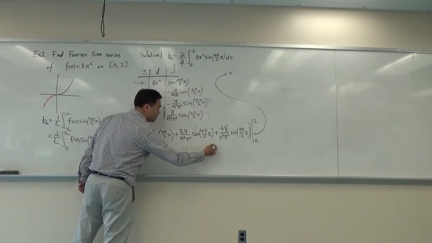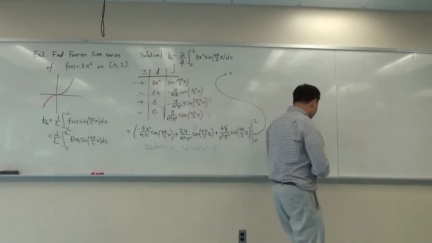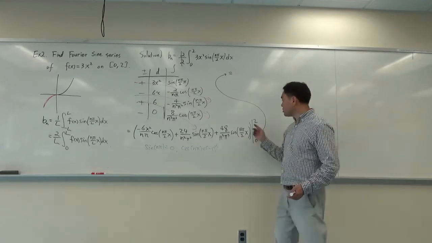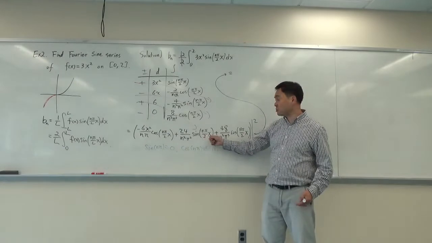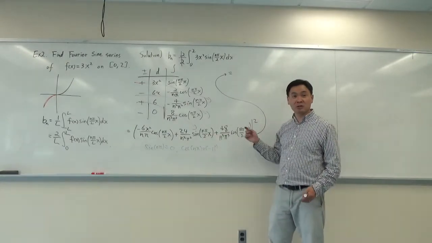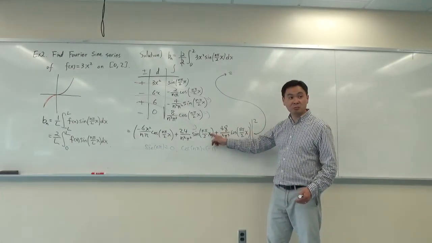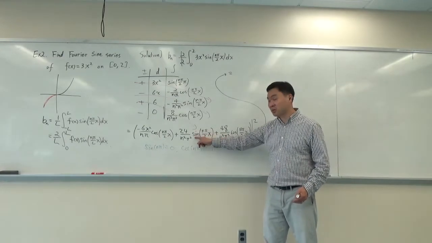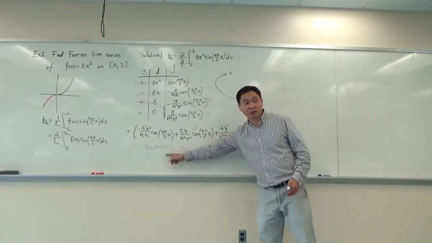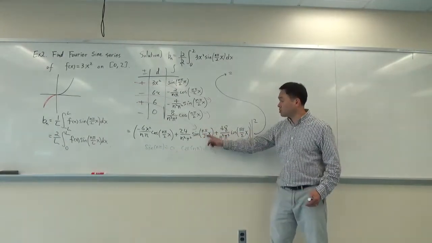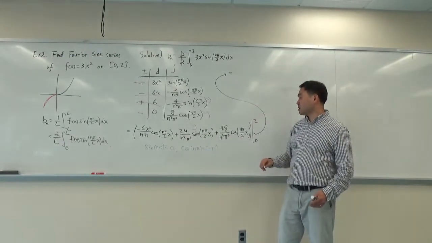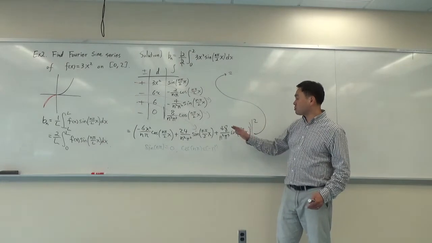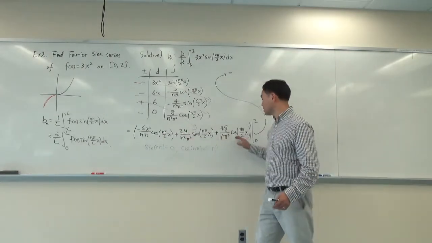So because of that, whenever you plug in these boundary values for the sine, you will see that in both cases you're going to get 0, right? So 2 plugged in, 2 and 2 will cancel, and you'll end up with sine n pi, which will be 0. When you plug in 0, it will again be 0, so that goes away. And so you're only going to get some results from this one and here.